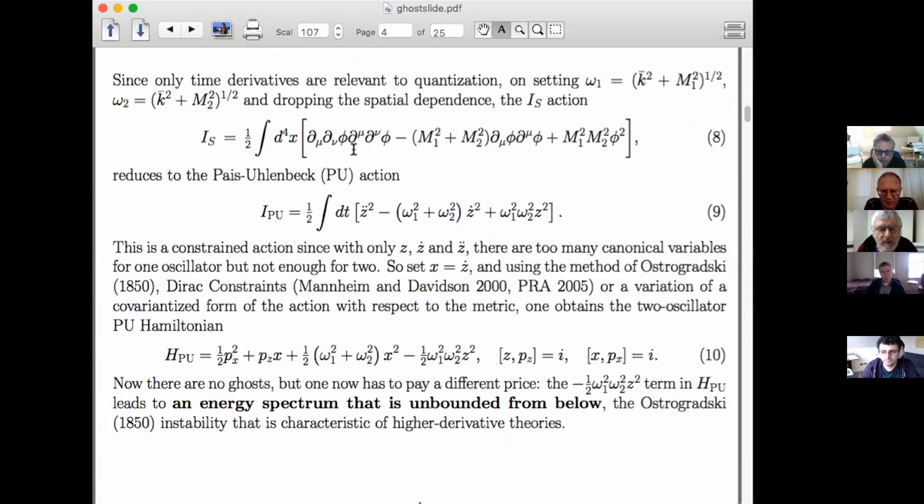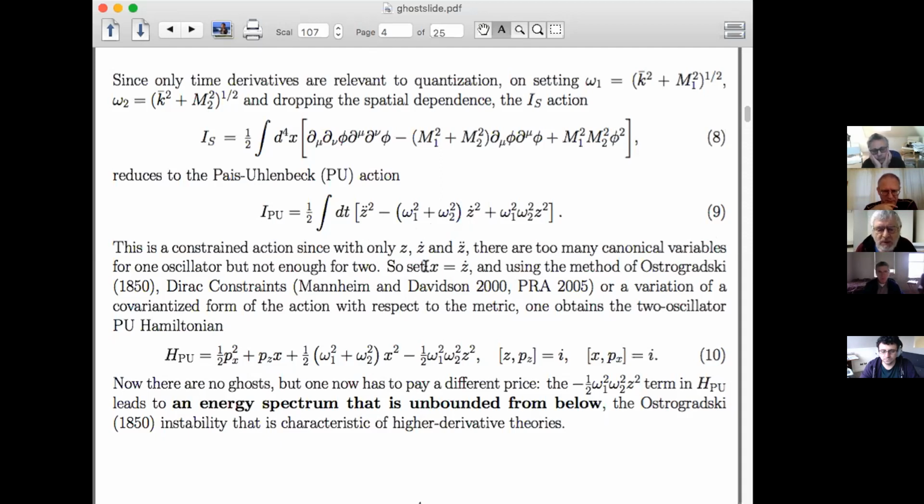You can see that this term gives you the z double dot squared, this term gives you the z dot squared, and this one gives you the z squared. So this is the quantum mechanics of the Pauli-Villars propagator. Now, it's a constrained system because you have a z dot and a z double dot. So there are too many canonical variables for one oscillator, but not enough for two. So how do you make it into a two oscillator system, and how do you remove the constraint?